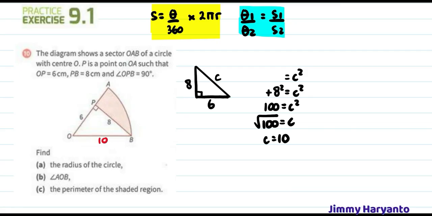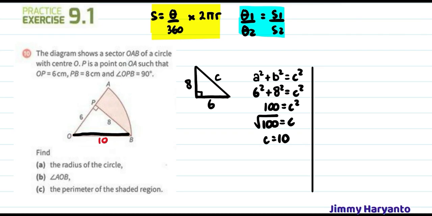Okay. Oh no. Wait. After you have the 10, as you can see, this one is the radius of the circle. That means 10 is the radius. And then the angle of AOB. Okay, so AOB is this one. You can use tangent. Let's say the angle is called theta.